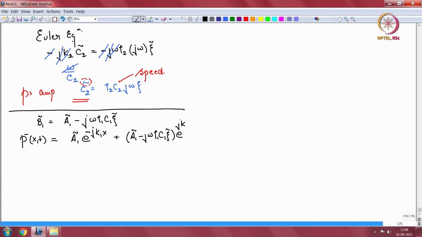Okay, so this is k1x. Now I can put the time part e to the power of j omega t.